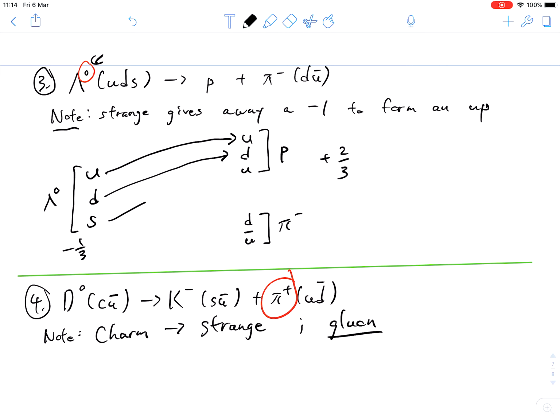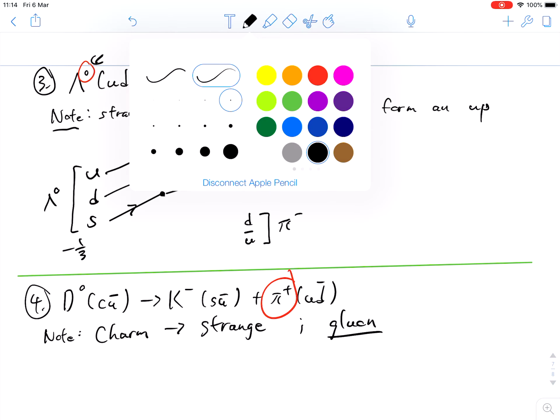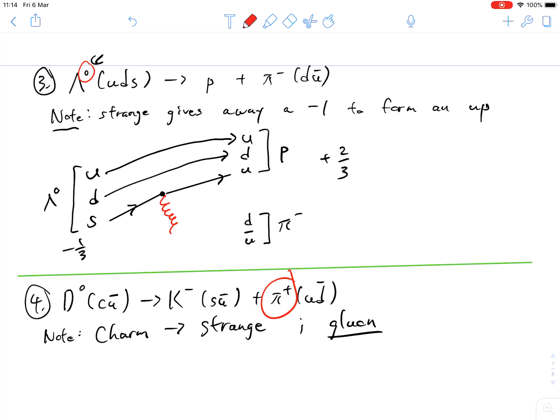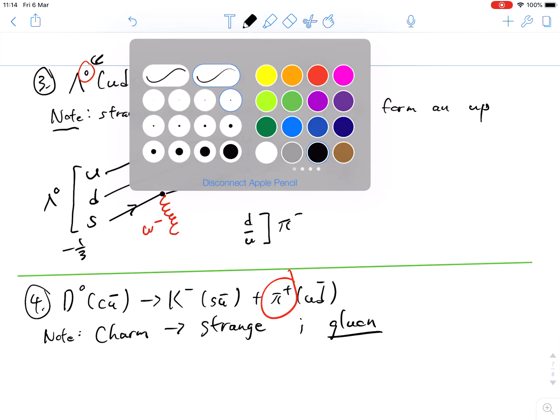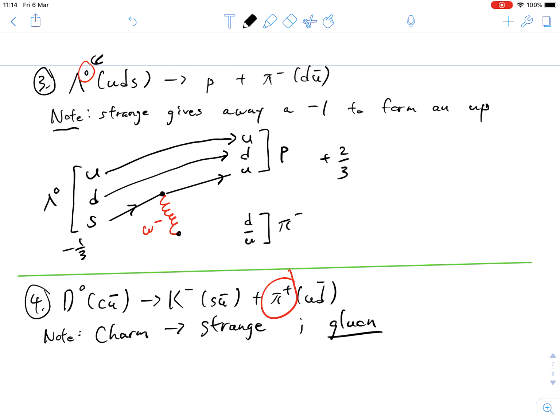So this time, a strange is actually turning itself into an up quark. They are two regular particles, so arrow in, arrow out. It's giving away, as we said, a negative charge, so W negative. And then it spawns a particle and an antiparticle, which is down as a regular particle, and up as our antiparticle.